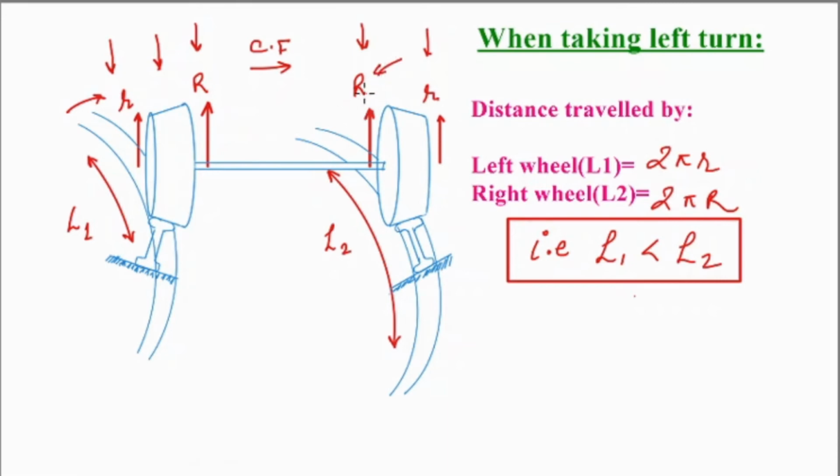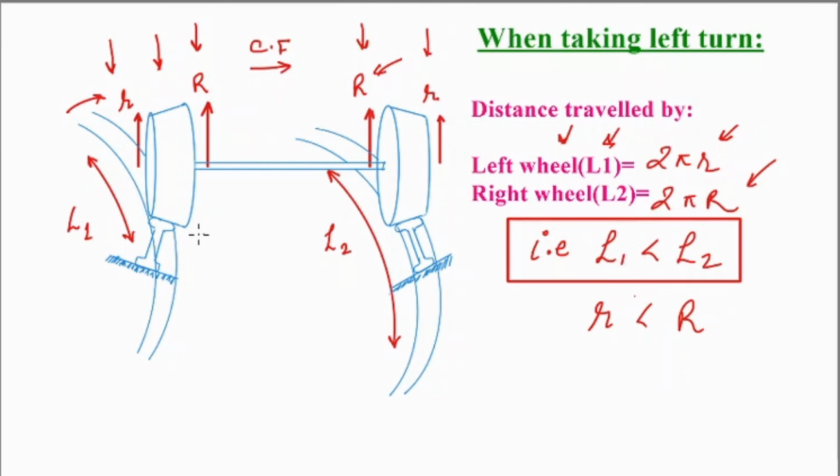So if you go mathematically, you can say that the distance traveled by the left wheel with a radius small r is equal to L1 and can be written as 2 pi small r. Similarly, for the right wheel, the distance traveled will be L2 and that is equal to 2 pi capital R. Now here, since small r is smaller than capital R, you can say that L1 is less than L2.